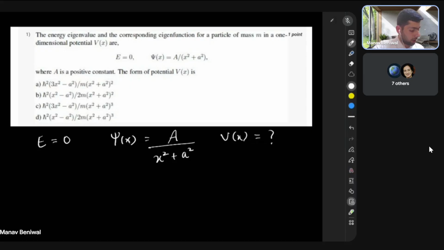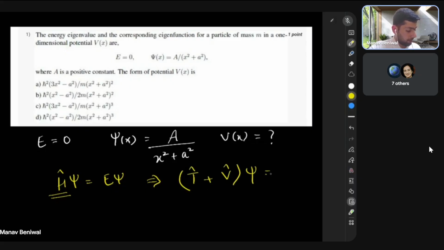So we know our Schrodinger equation. Schrodinger equation is H psi is E psi. This is our Hamiltonian operator, which has two parts. So we can write it as kinetic energy plus potential energy times psi is E psi.